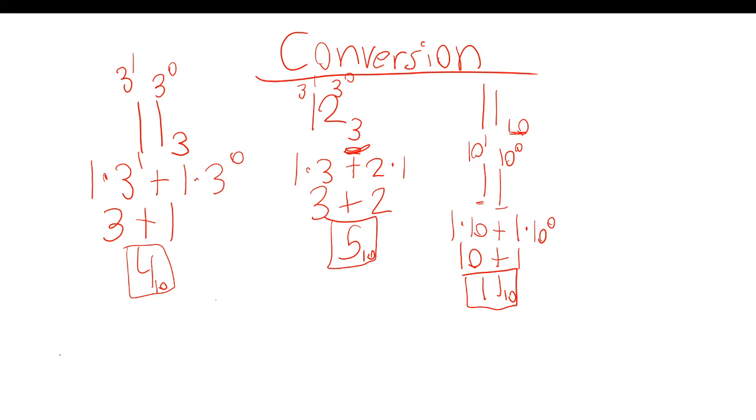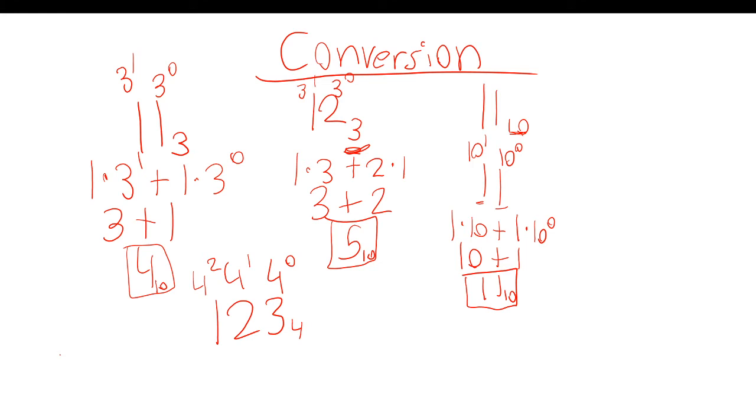Let's try converting 123 base 4. Now 123 base 4. Let's do the same conversion technique. This is the ones, so we have 4 to the 0th power. This is 4 to the 1st power, and this is 4 squared. Same thing.